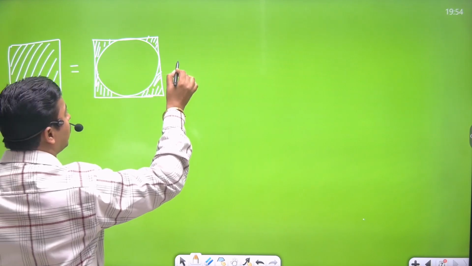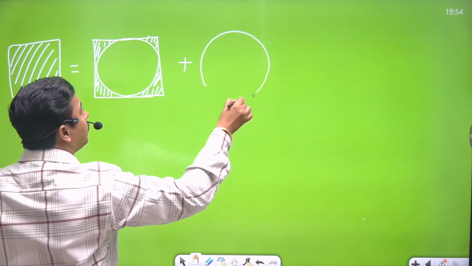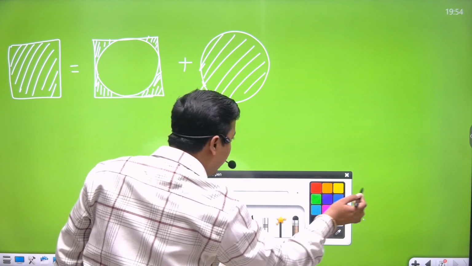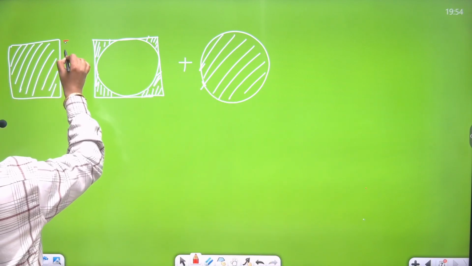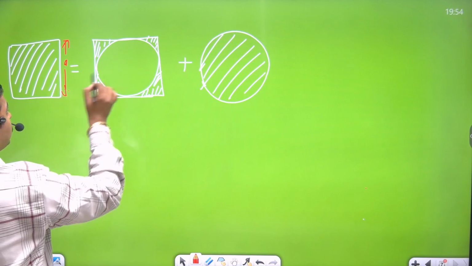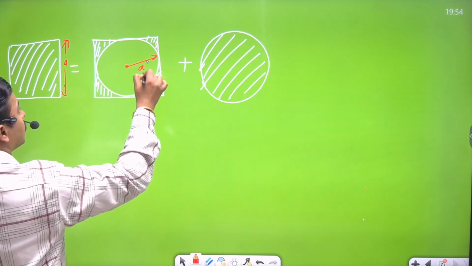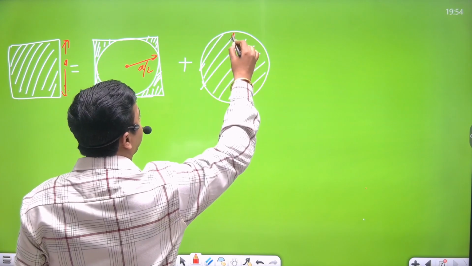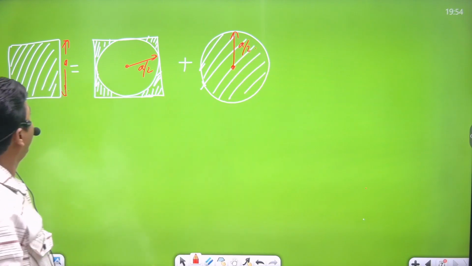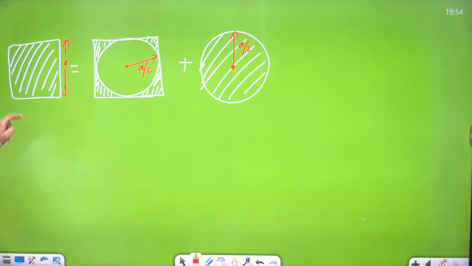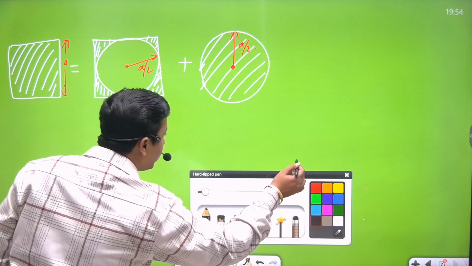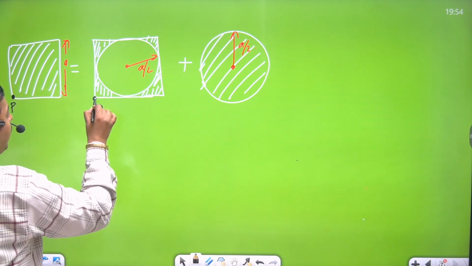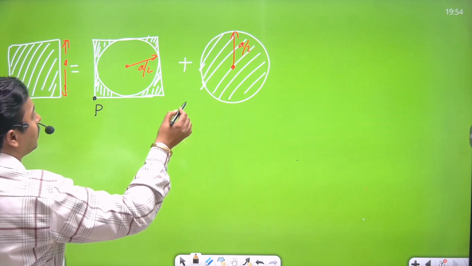Let us suppose this is A. Let us suppose I have to find the moment of inertia about this point, the point P. Where is the point P?